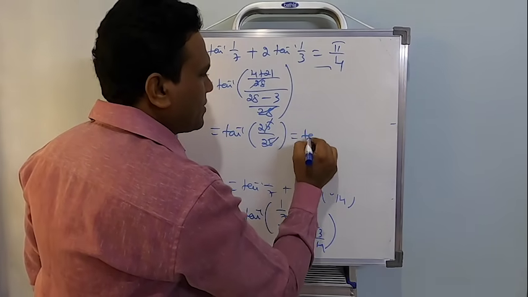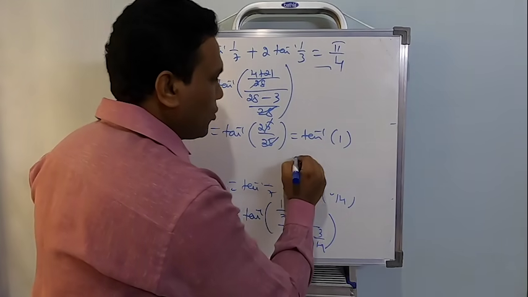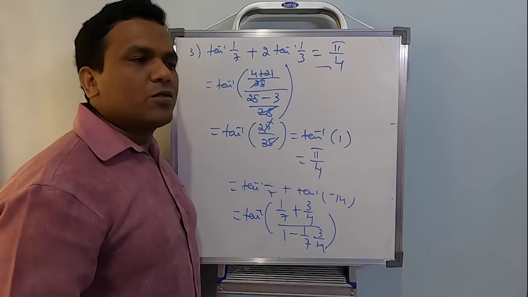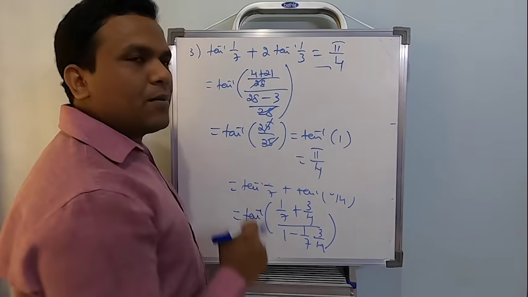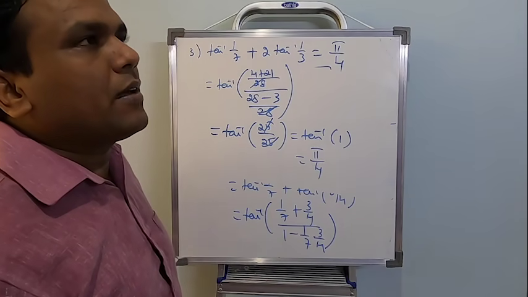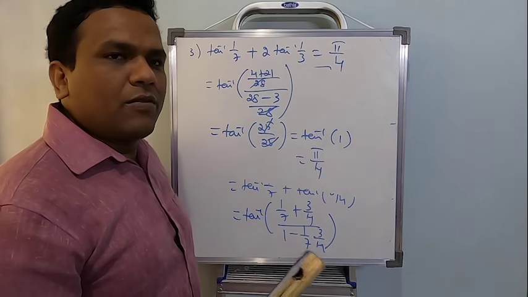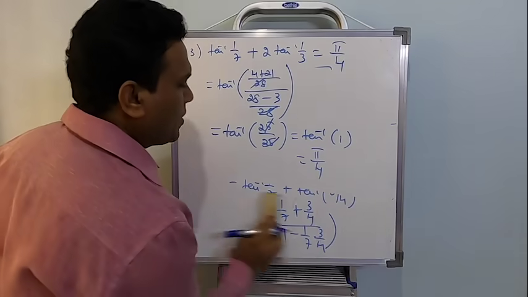This also can be cancelled. The final remaining thing will be tan inverse 1, and we know that tan inverse of 1 will be pi by 4. So it is so easy if I know the formulas. Once I reach this step, I should know from the basics whatever I have learned what the value of tan inverse 1 is. That we have practiced in the earlier problems. Tan inverse 1 will be pi by 4. Let's go to problem number 4.